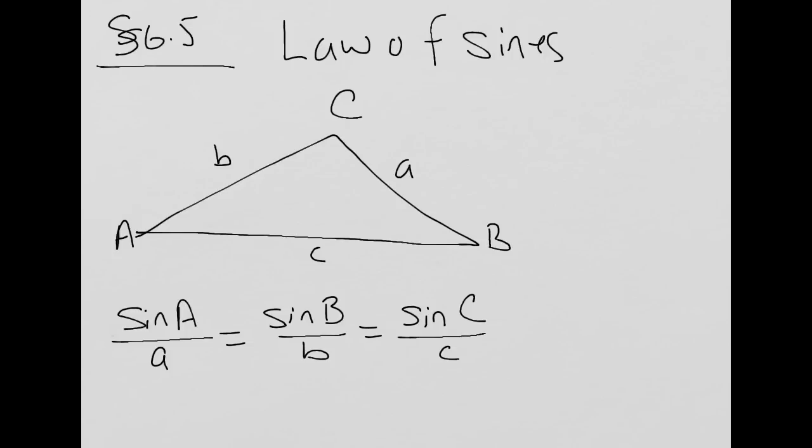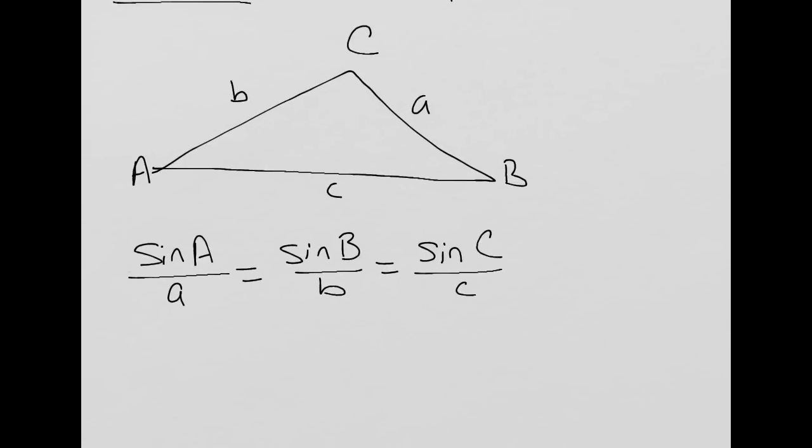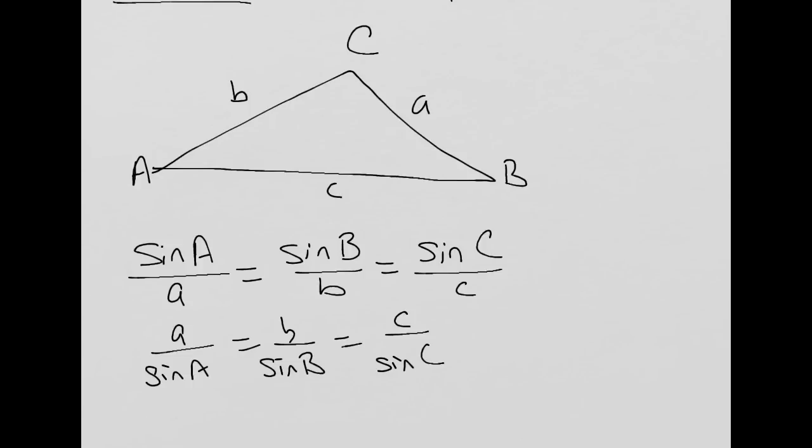So if we give you some information about a triangle that's not a right triangle, and you're trying to figure out the remaining sides and angles, the law of sines can be a really nice tool. Notice I wrote this with the sines on top, but I could also write it as a over sine A, b over sine B, c over sine C, whatever's more convenient for the calculation we need to do.